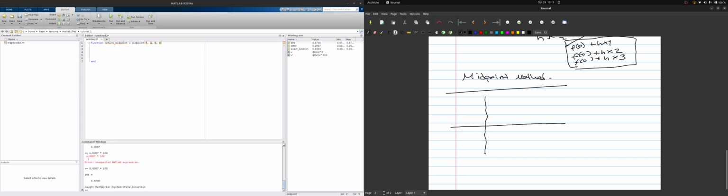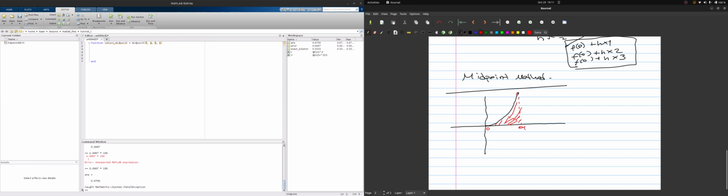So what do I mean by that? Let's again look at the x squared function, and say we want to find the area below this function. This is the starting point 0, this is the end point a.